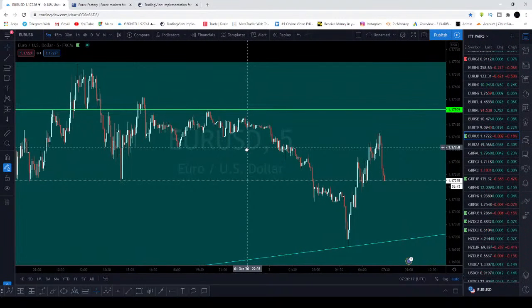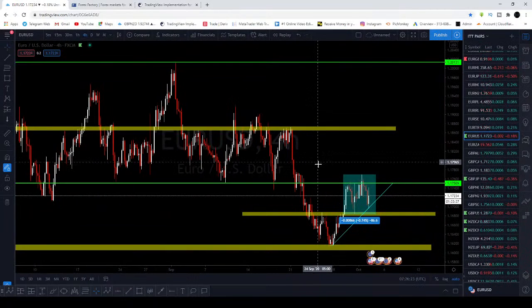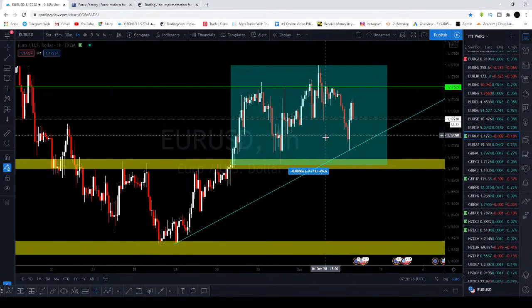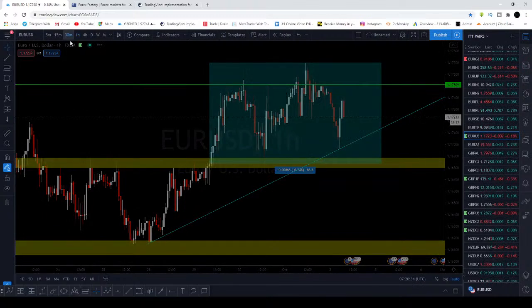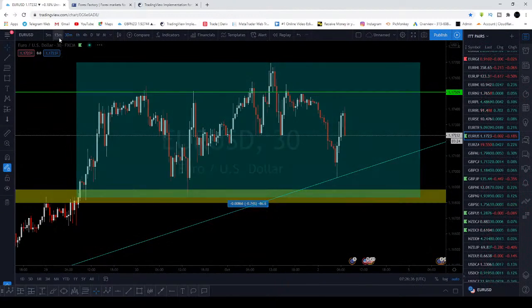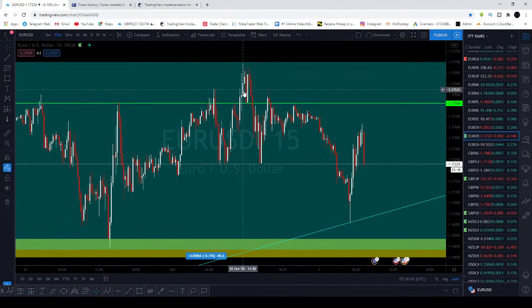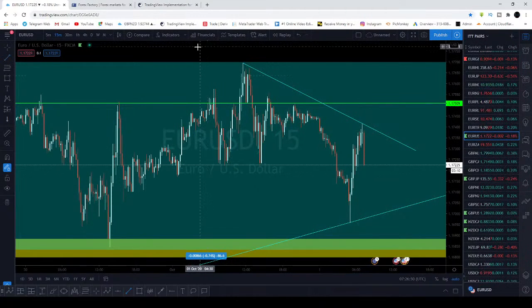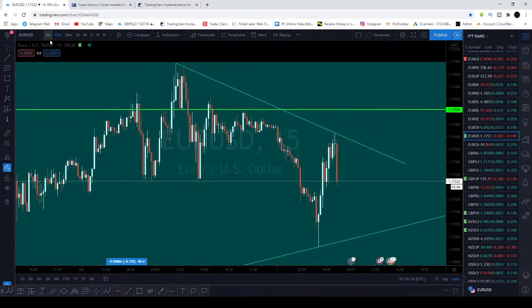So this is Euro USD now, and Euro USD as well is kind of getting interesting, because of what I'm seeing right here. As you guys can see, I've told you that this is just kind of a ranging market, trying to come down now, but I think this will be just a retracement. If you put your trend line this way, you can see that it reacted to this particular move. This is an engulfing candle, man.